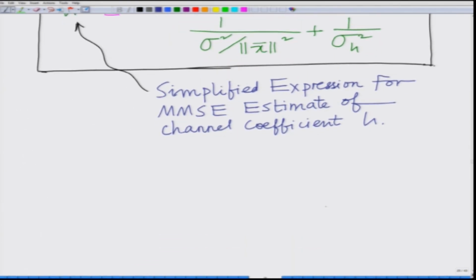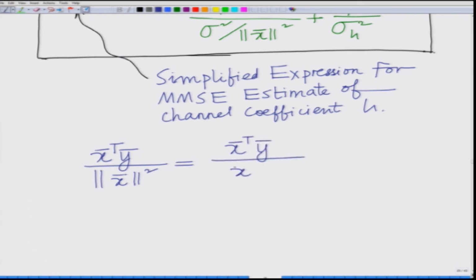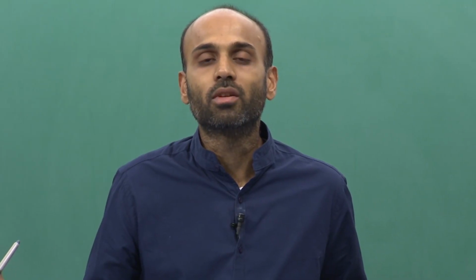And now, look at all the quantities that are involved. We have x bar transpose y bar divided by norm x bar square, which is basically the same as x bar transpose y bar divided by x bar transpose x bar, and you can see that this is the maximum likelihood estimate of the channel coefficient H. Some of you might not be familiar with maximum likelihood estimation if you have not done the previous course, but anyway it does not matter.